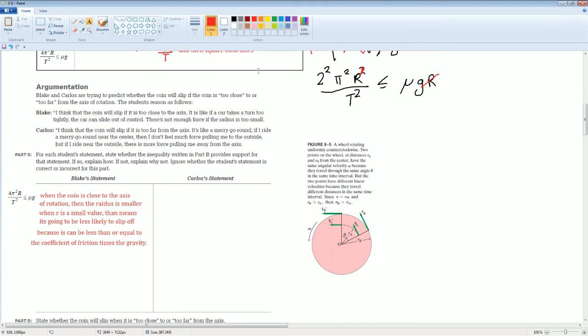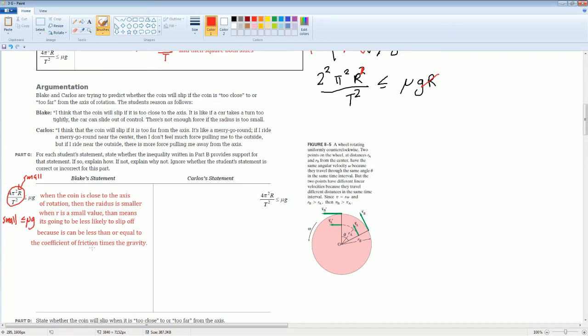If R is small, let me just make sure I have this for the other one. Okay, all right. If this is small, right? This value overall is going to be what? Small. Can small be less than or equal to 2 mu times g? Yes. Okay.